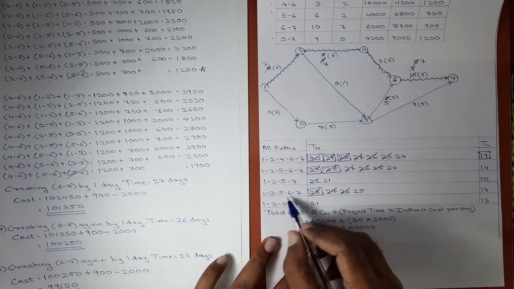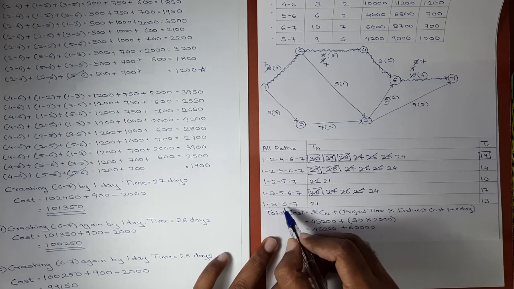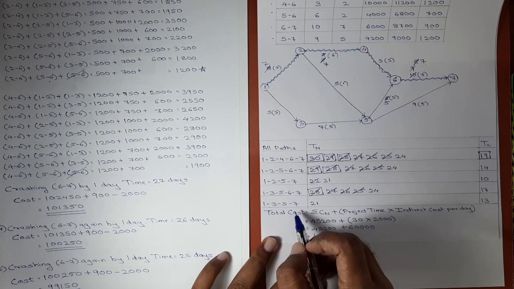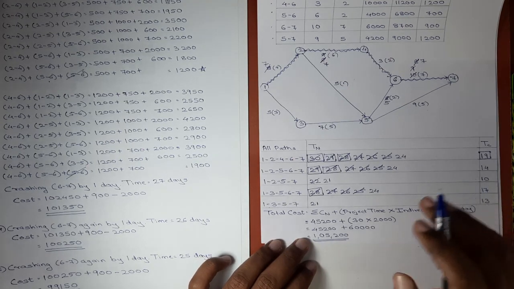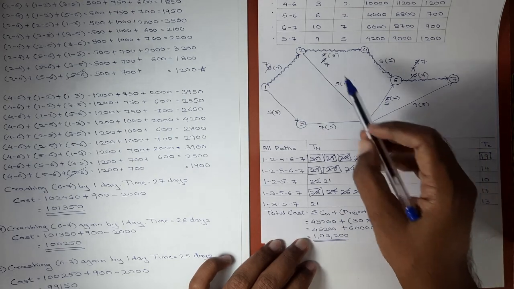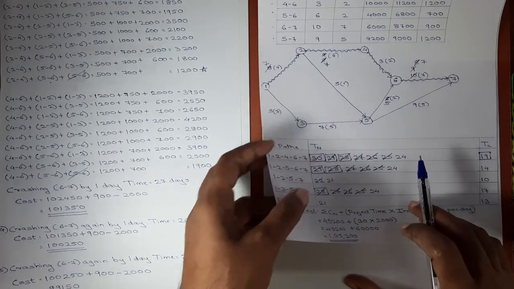In the fourth path, 5 6 is present, so 25 will become 24. In the last path, 2 4 is not present, 5 6 is also not present. Okay. Now again, if you see, no activity is exhausted, no new critical path is introduced, and there is still scope for crashing 2 4 and 5 6 as well. So we'll be repeating that step again.